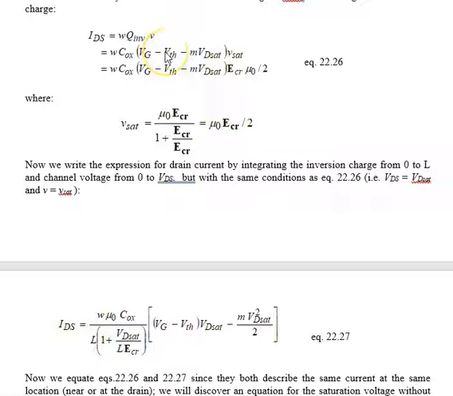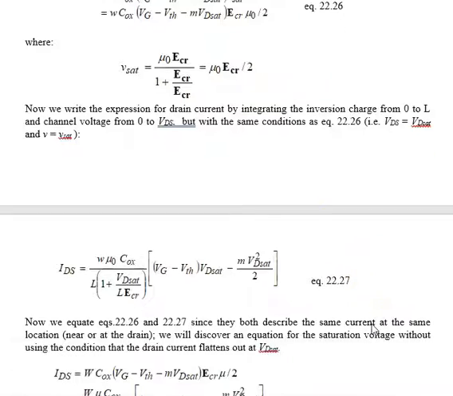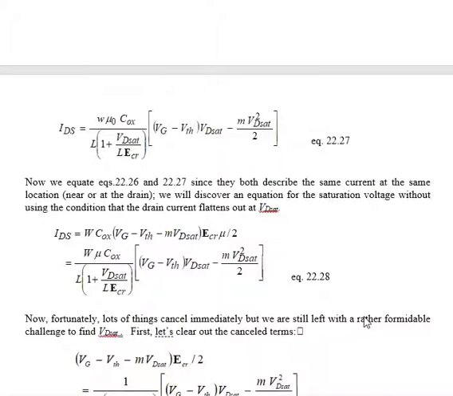This is at the drain, and this is anywhere along the channel in which we have a condition of VDSAT. So what we're going to do now, since the current is constant, current doesn't depend where you are. Current doesn't change from the source to the drain. Charge doesn't pile up. So we're simply going to equate equation 22.26 and equation 22.27, and let's see what happens when we do that. And that's what we do in 22.28.